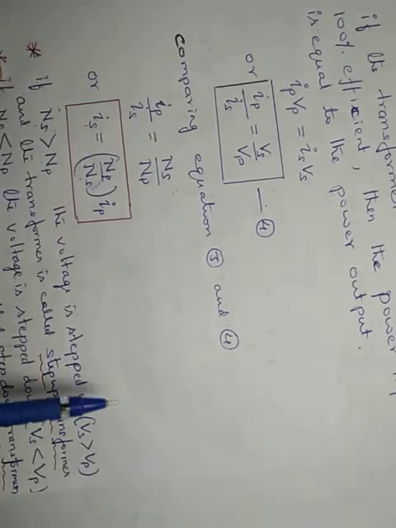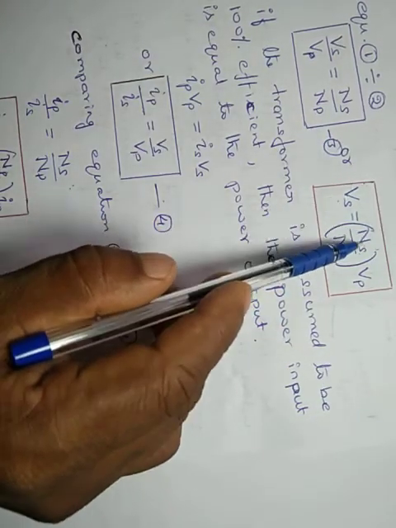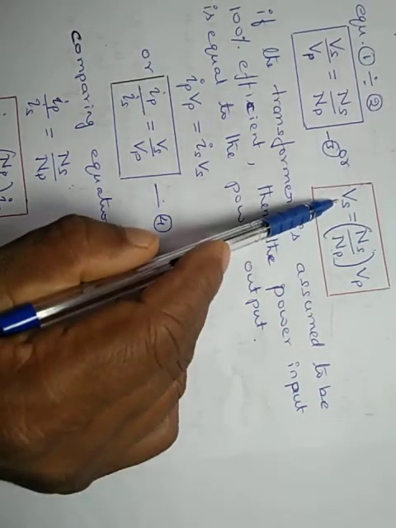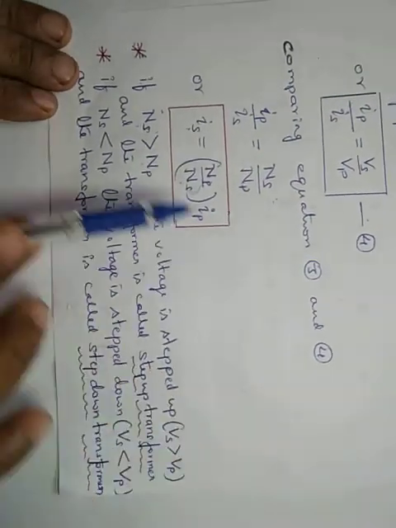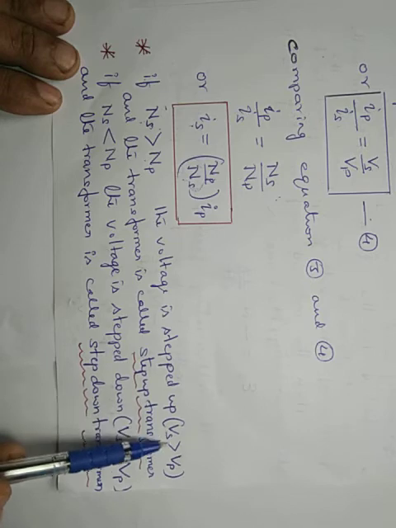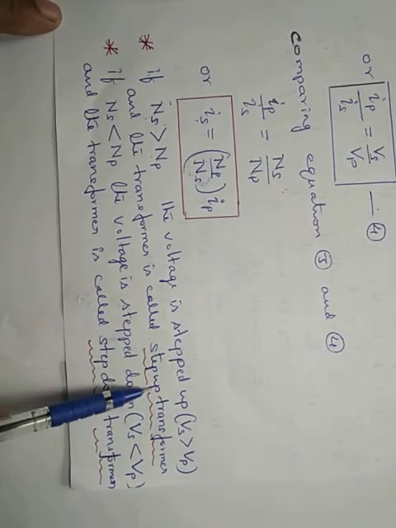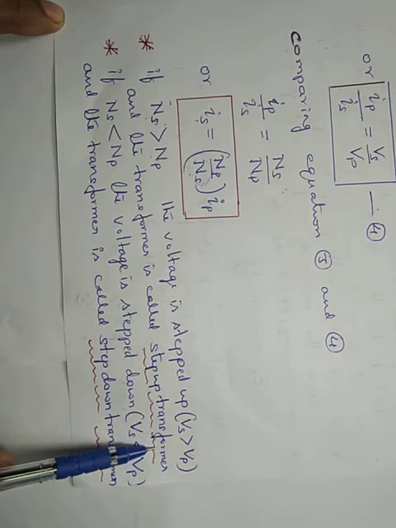Since Ns is more than Np, you will get more voltage. Ns is greater than Np, the voltage is stepped up, that is Vs is greater than Vp, that is the conclusion, and the transformer is called step up transformer.